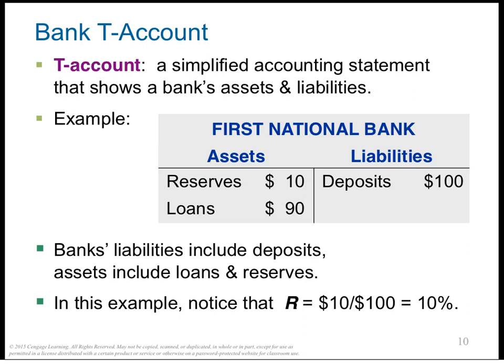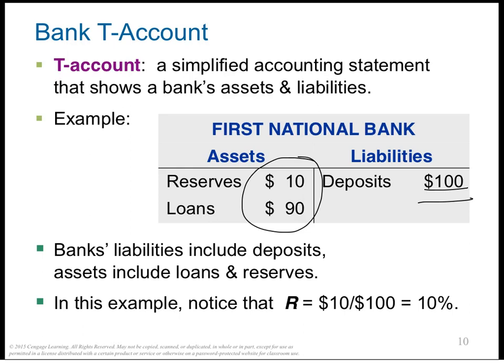On the left side of the T account are the bank's assets, reserves plus loans: reserves are $10 and loans are $90, a total of $100. On the right-hand side are the deposits, in the amount of $100. That liability of $100 is the amount that the bank owes to the depositor. Okay, that's why it's liabilities. Because the assets and liabilities exactly balance, this accounting statement is sometimes called a balance sheet.